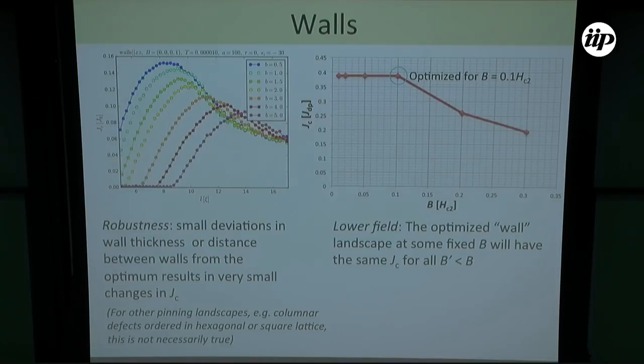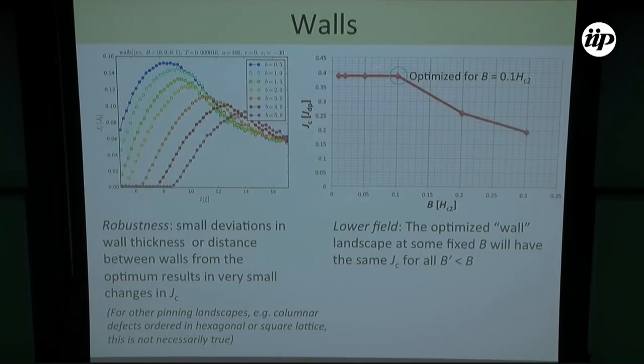And the same for the thickness of each wall. So it's pretty reliable. For columnar defects, it's not the case. There we see some very narrow peak. So if you make some mistake in the placement or in the diameter in experiment, then the critical current will significantly drop.